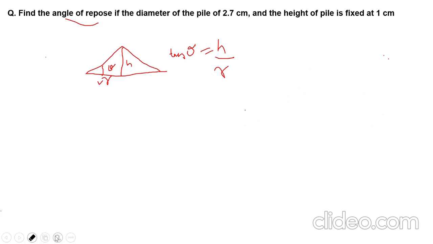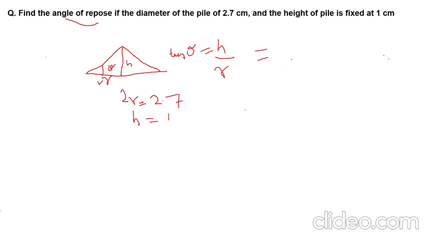So experimentally you can calculate H and R, and based on those you can calculate the angle of repose. In this question you are asked to calculate the angle of repose if the diameter of the pile is 2.7. So you are given 2R, that is 2.7 centimeter, and the height of the pile, that is H, is given as 1. So you just have to calculate the angle of repose.